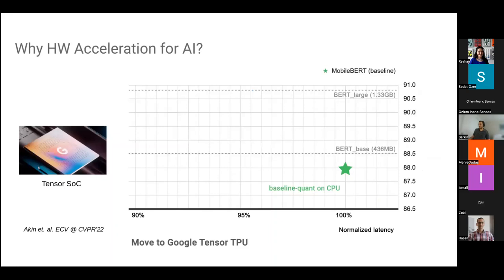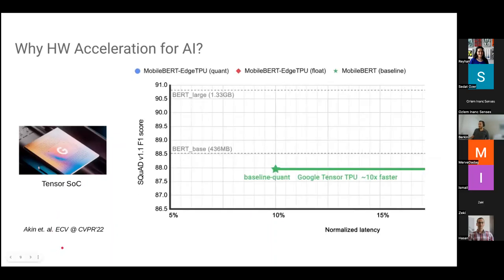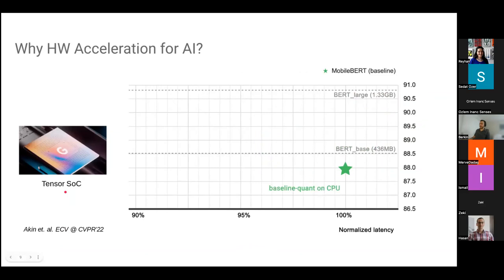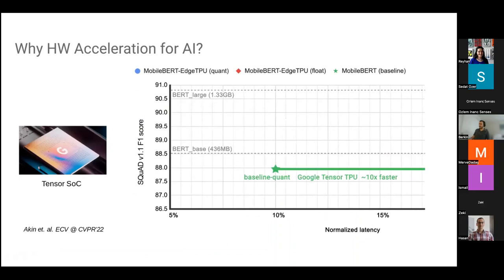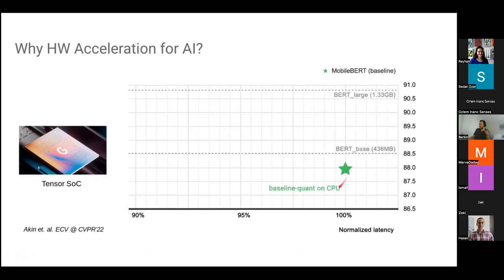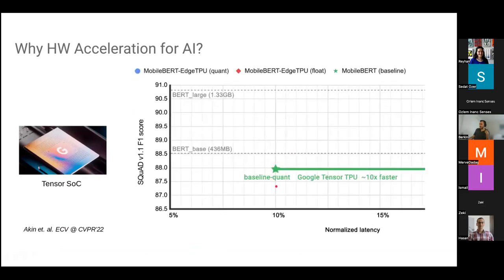Just another motivational data point. This is from our recent work, targeting a mobile SoC. It's the Tensor SoC from the Pixel 6 phone. Within this system on chip, there's actually a CPU, GPU, and the TPU. In this graph, a neural network run on CPU is around here, and if you just run it on TPU, you get this much benefit, right?